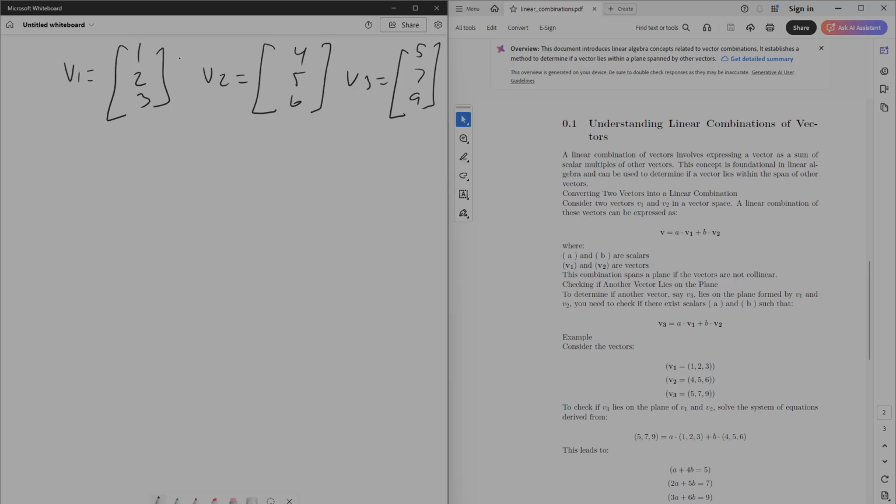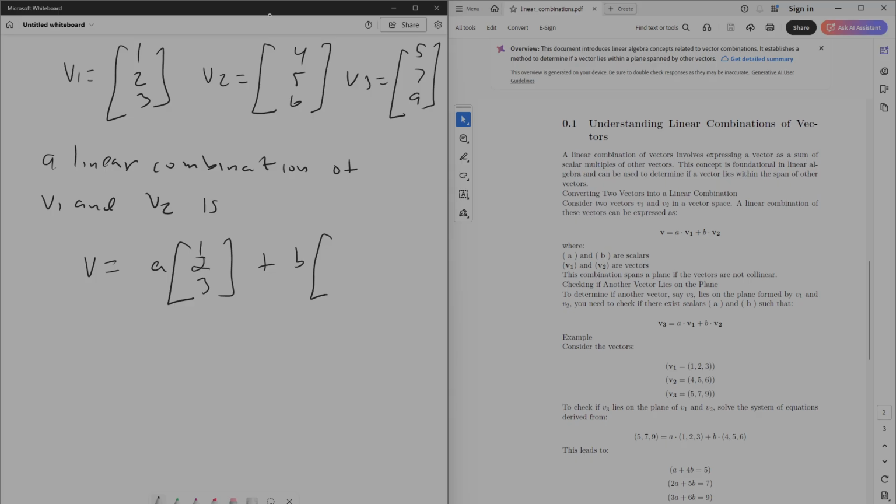Then a linear combination of b1 and b2 is b equals a times 1, 2, 3 plus b times 4, 5, 6. So that would be the linear combination.